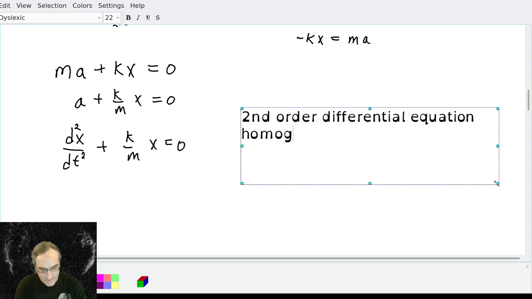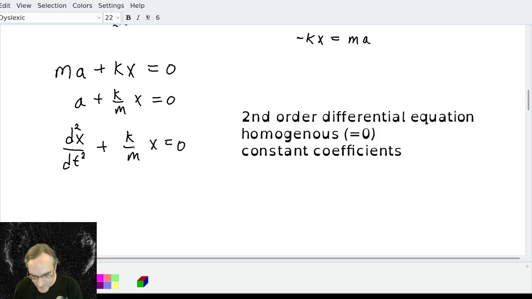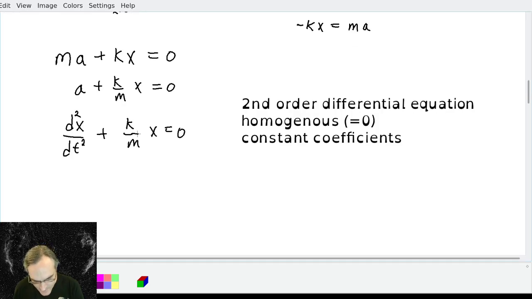Additionally, it's homogeneous, because it's equal to 0, and has constant coefficients. That k over m, k is a constant, m is a constant, so there's nothing at all special going on there. It turns out this is the second easiest class of differential equation to solve.